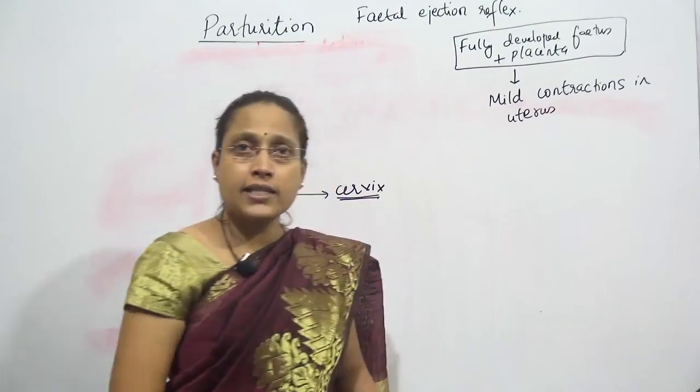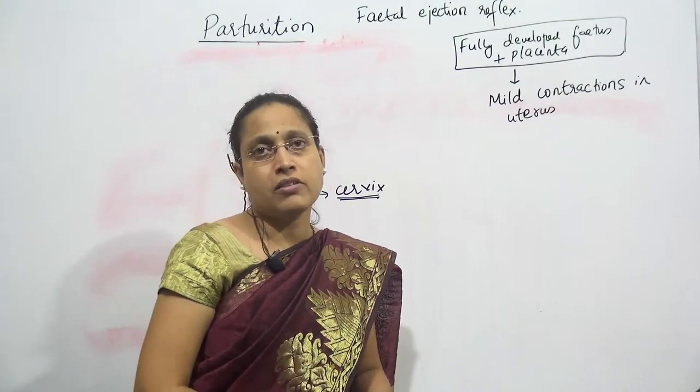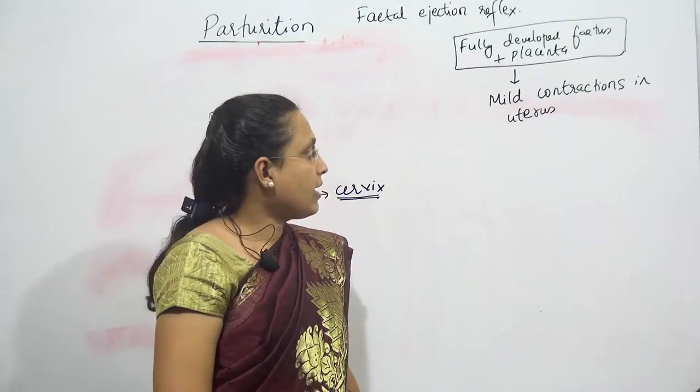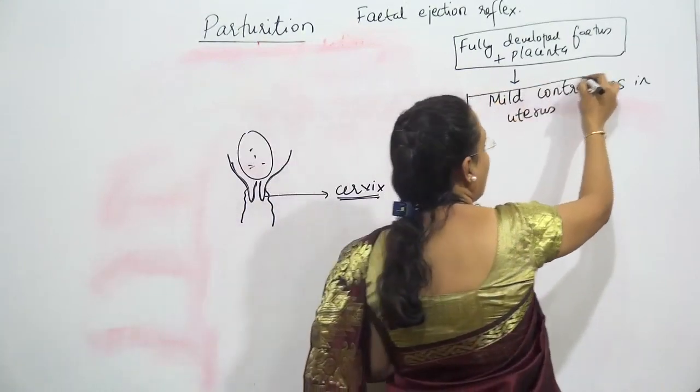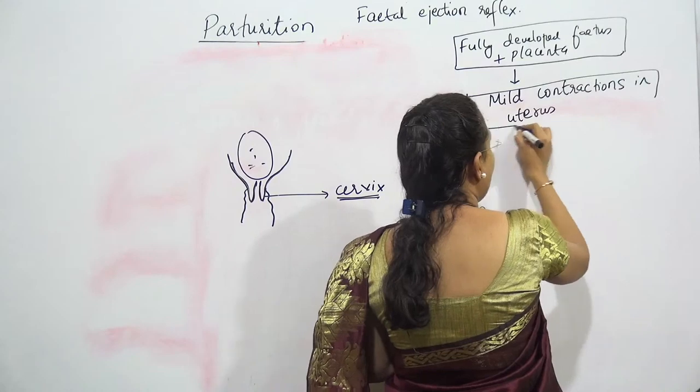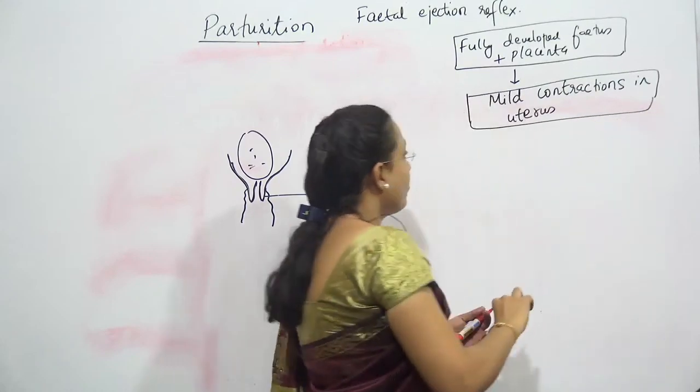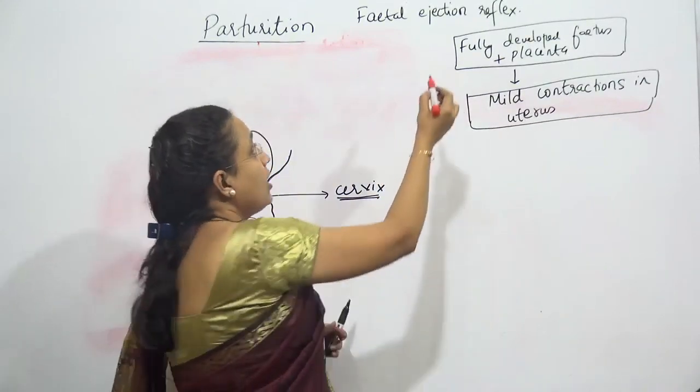What will contract in the uterus? The smooth muscles of the uterus will contract. Now, when mild contraction occurs due to the fully developed placenta or fetus, we say the definition has what?